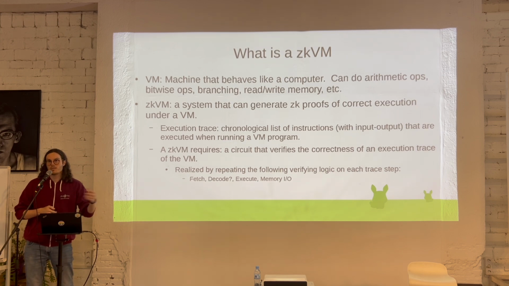And a zkVM is just a system that allows creating proofs of the execution of a program under this VM. So we will have a program, we will run it under the VM, and each instruction of the program will give us a trace. So we have this execution trace. And then the idea is that we will have a circuit that proves that this trace of execution that the VM has followed is correct.